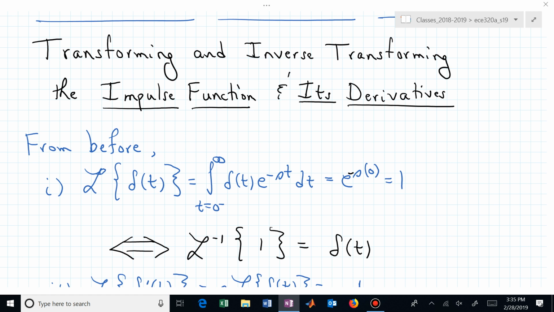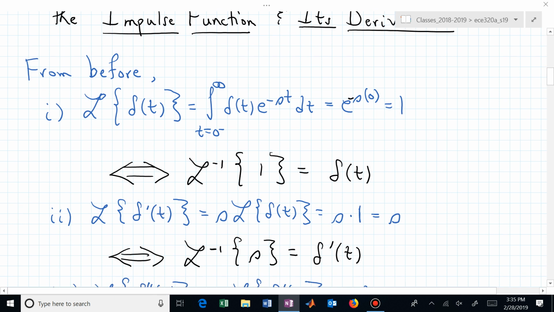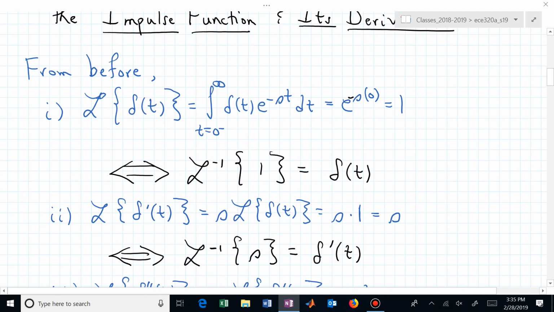I think that's the conventional symbol used for an impulse. Now if we just up that a notch by differentiating that impulse, what's the Laplace transform? Well, we know this Laplace transform operation associated with differentiation, that's multiplying by s, and it's also evaluating it at or subtracting the initial condition.